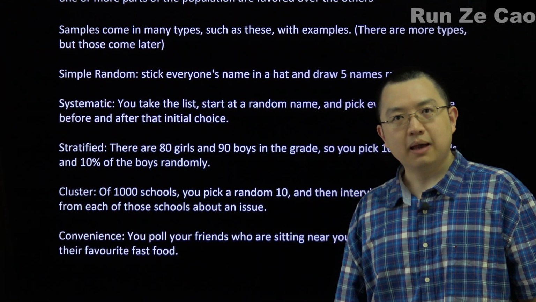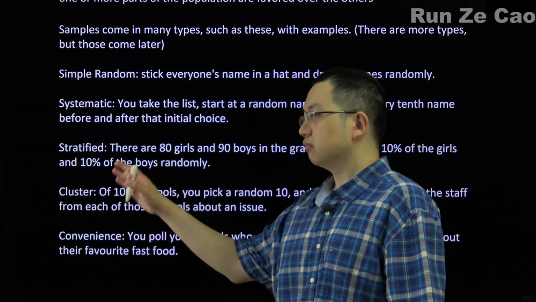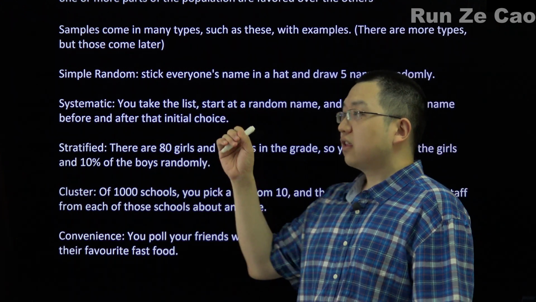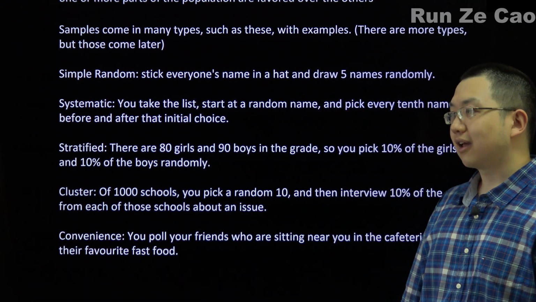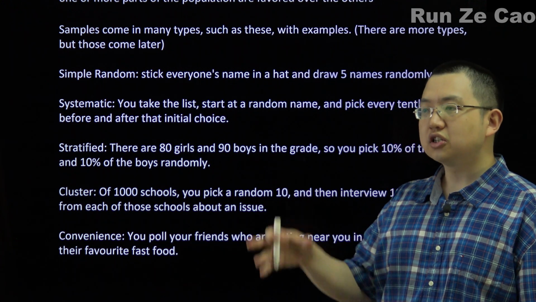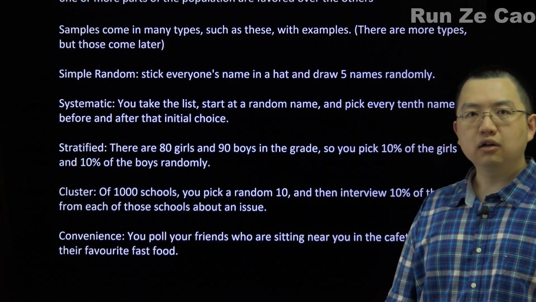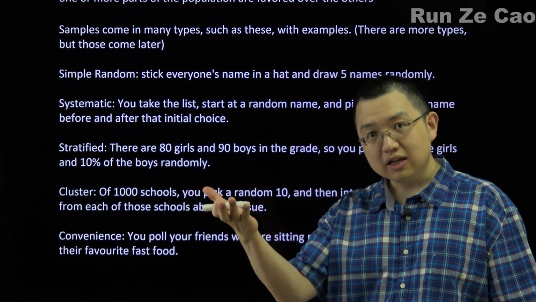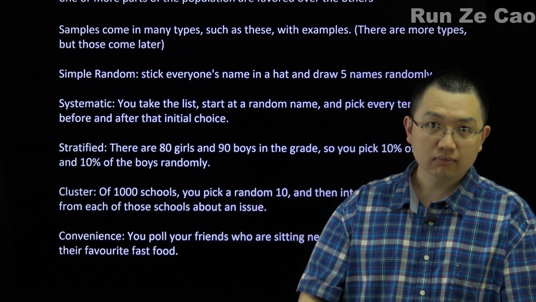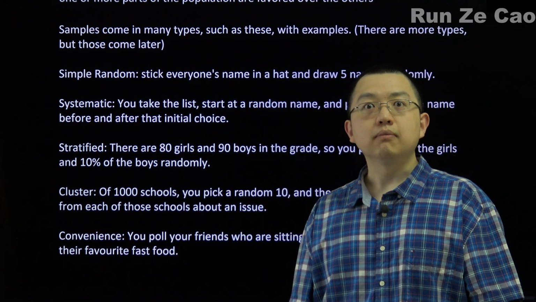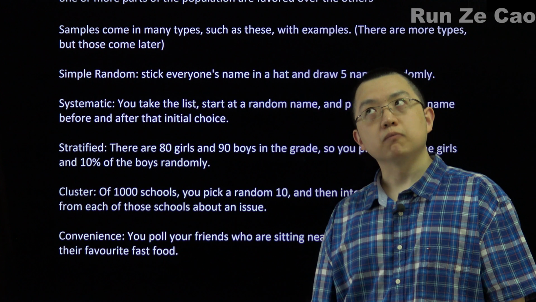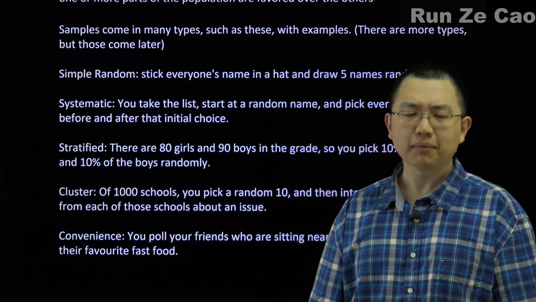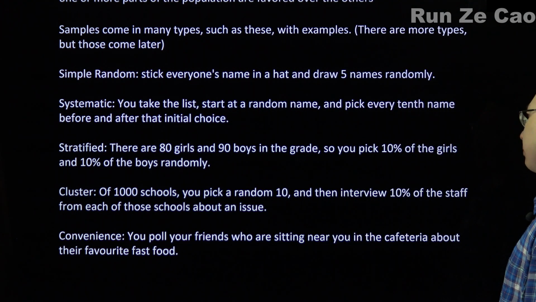A stratified random sample is that you divide your overall population into several groups, and then you survey the same proportion of each group. Like, say there's 100 teachers and 2,000 students in a school, and you survey 10% of the teachers and 10% of the students about maybe, do the school hallways need repainting?